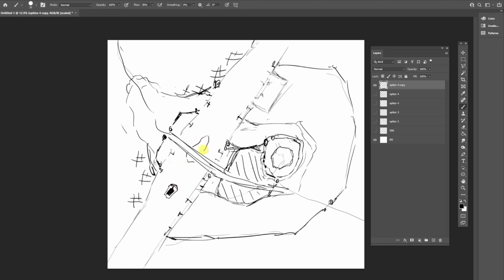Maybe an island here. Actually, I think the river is flowing the other direction, so I'm just going to pull this out a little thinner that direction. So we could have something here as well. Maybe another island. I don't want to get too carried away, but maybe another island like that.